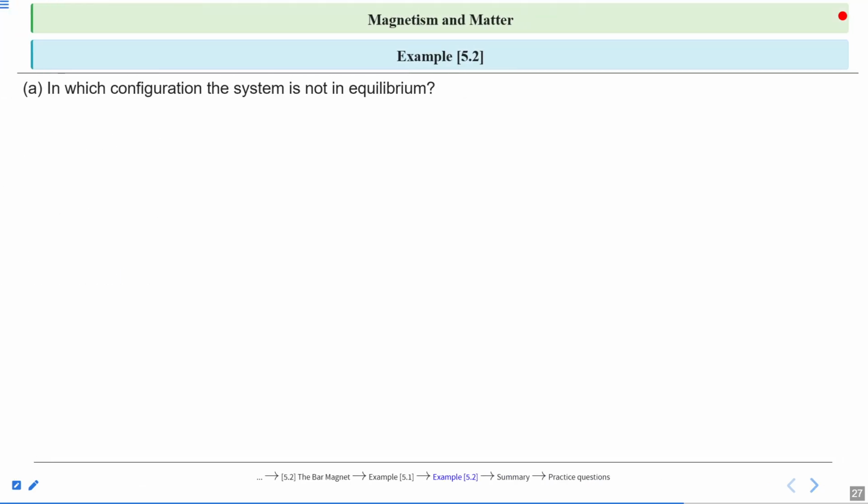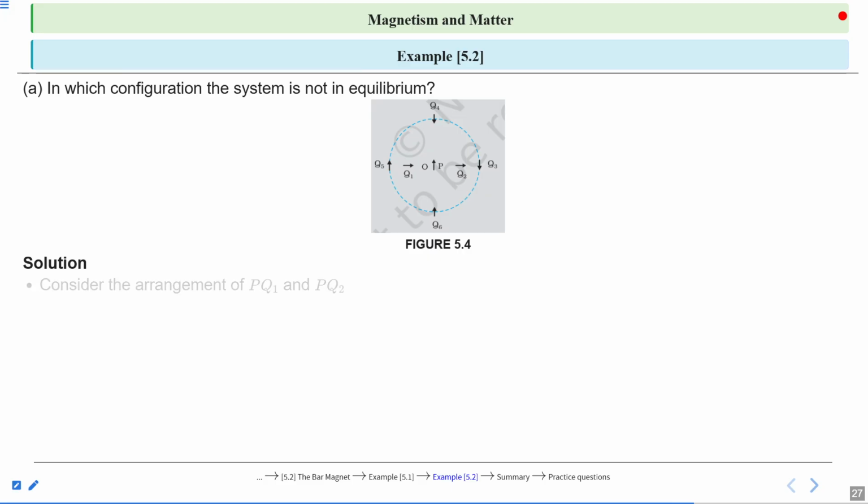So firstly, we will do the A part. This is the diagram. Let's see the solution. Consider the arrangement of PQ1 and PQ2, separately, in this diagram.